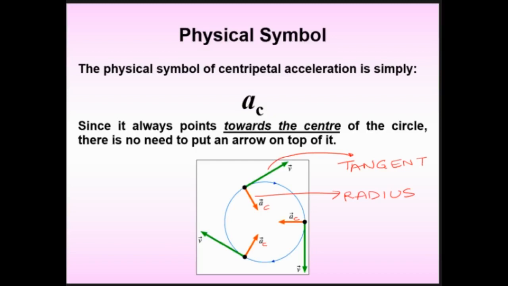Radial means it's along the radius. Tangential means it's along the tangent. So velocity is always a tangent, and acceleration is always a radius. By the way, does it make sense for velocity to point this way, if I am spinning this?